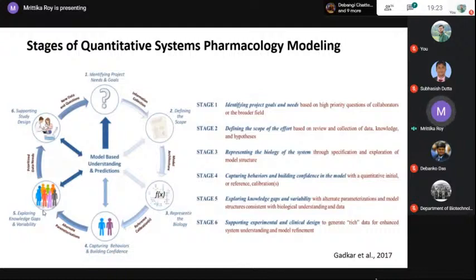Some may have metastasized, some may not. So we try to replicate the population that came into the clinical trial in the model, because that would increase our confidence in the model.